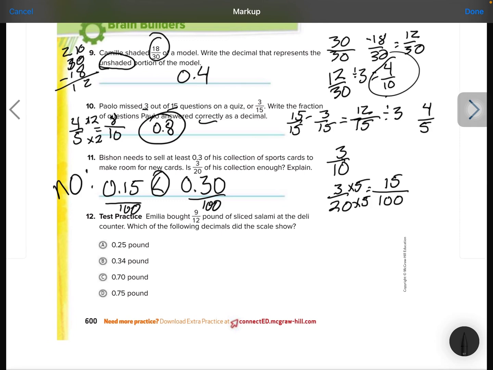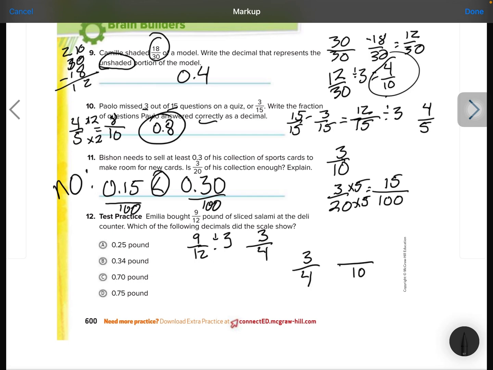Test practice. Amelia bought 9/12 of a pound of sliced salami at the deli counter. Which of the following decimals did the scale show? So 9/12. We can simplify 9/12 because we can divide both numbers by 3. 9 divided by 3 is 3, and 12 divided by 3 is 4.